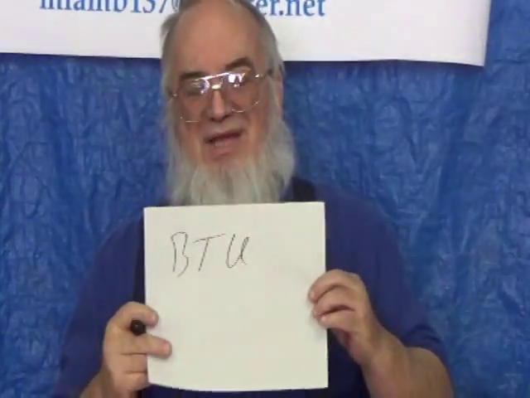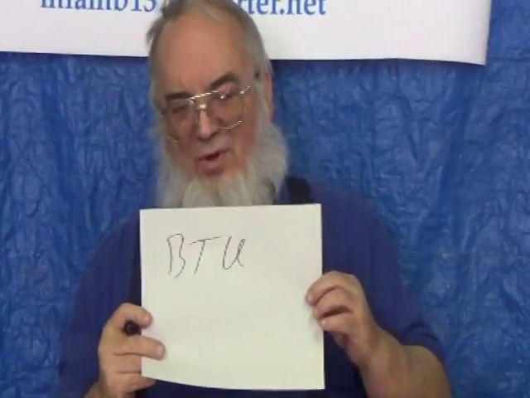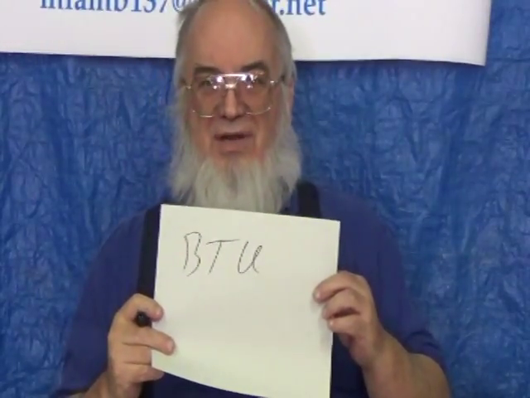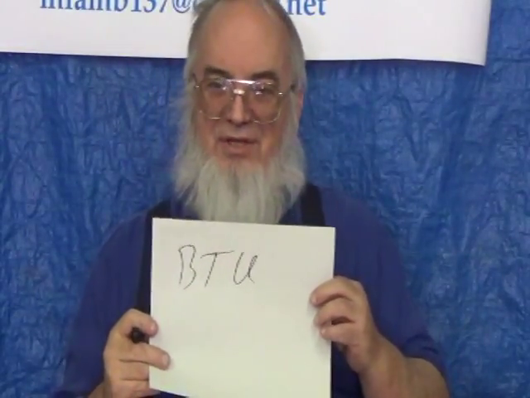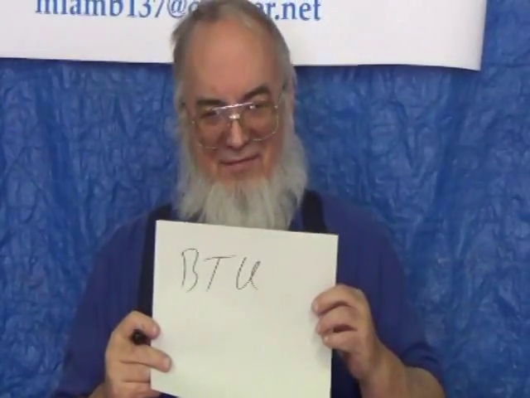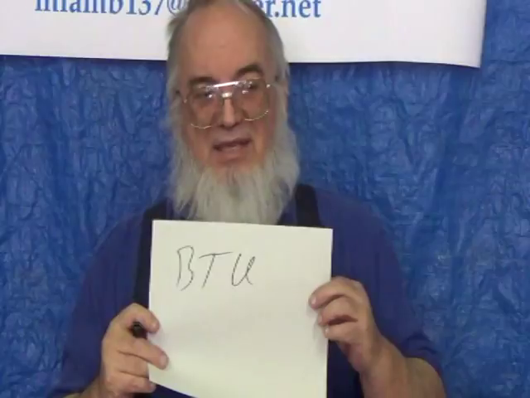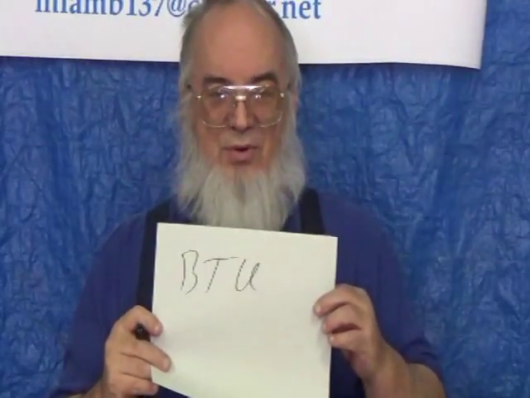If you want to talk about the BTU, which is a British thermal unit, that is the amount of heat necessary to raise 1 pound of water 1 degree Fahrenheit. And since a pound is a lot more than a gram, even though a degree Fahrenheit's less than a degree Celsius, the BTU is really quite a bit larger than a calorie.